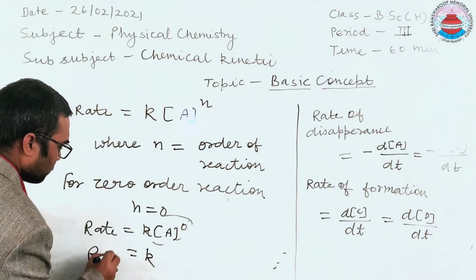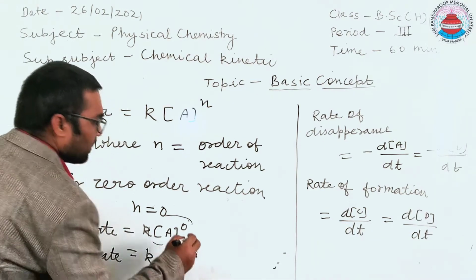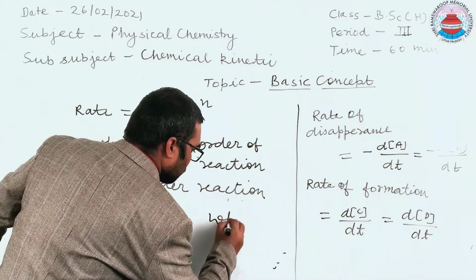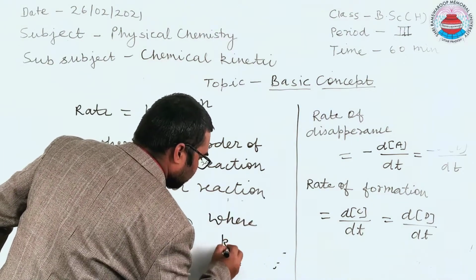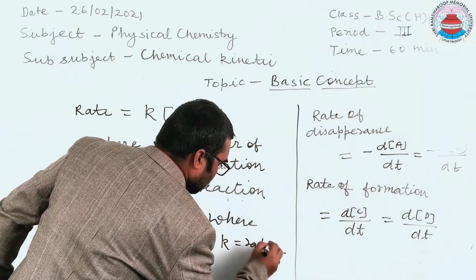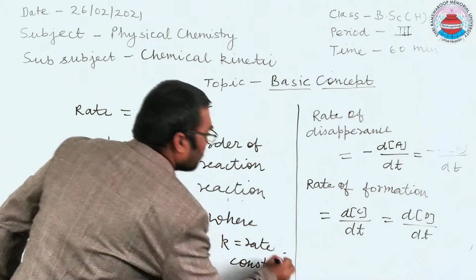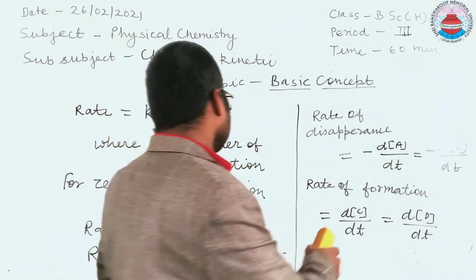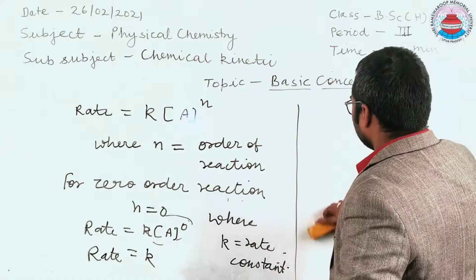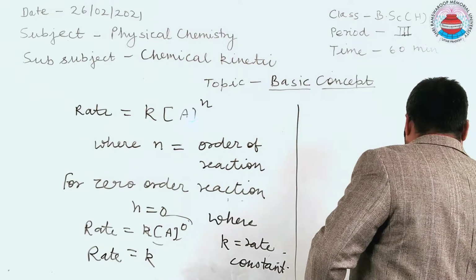Rate equal to K, where K is the rate constant. Then what is the unit of the rate constant for a zero order reaction?